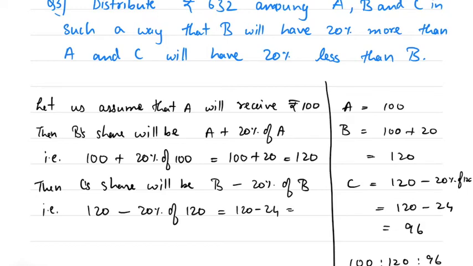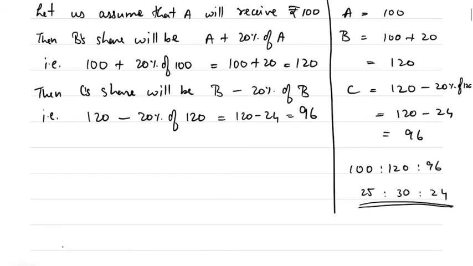So it is equal to 96. Therefore, A is to B is to C is equal to 100 is to 120 is to 96, or this can be written as 25 is to 30 is to 24.